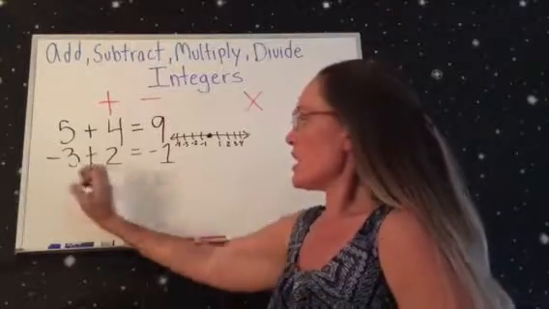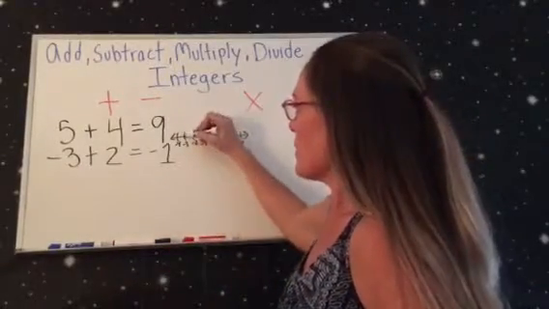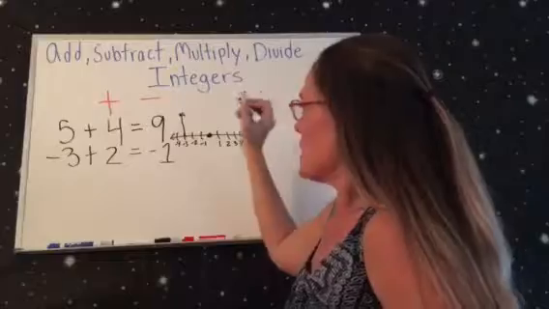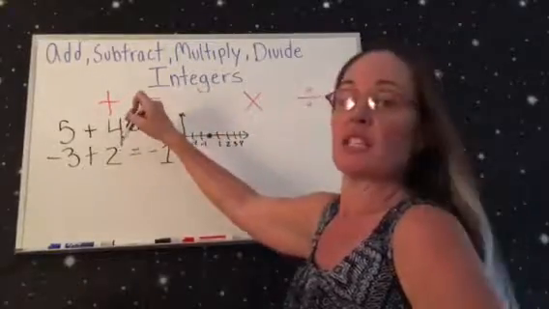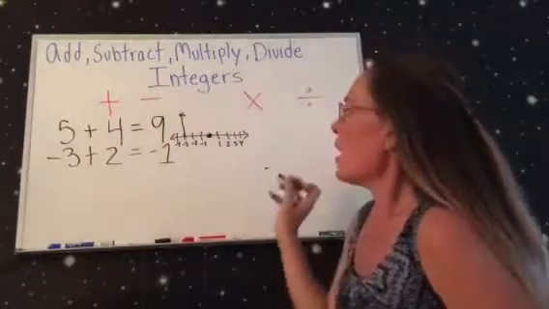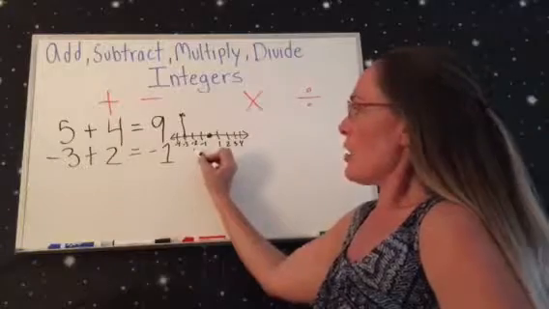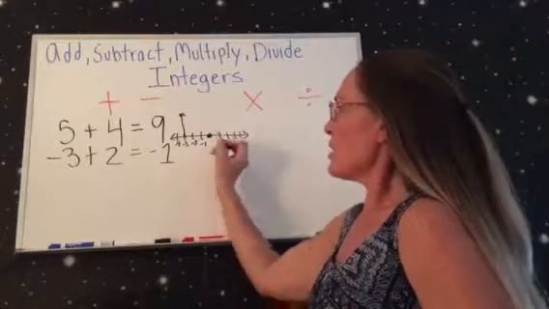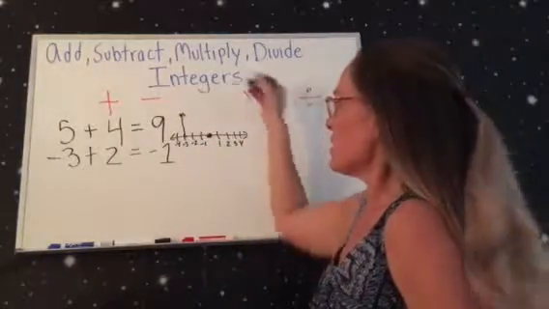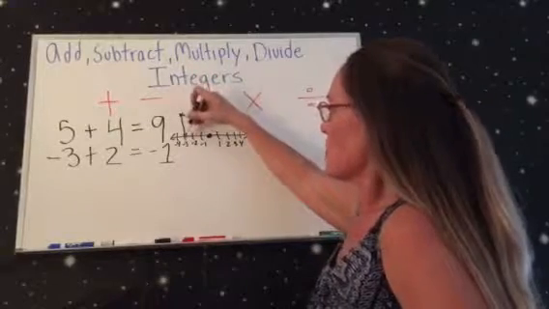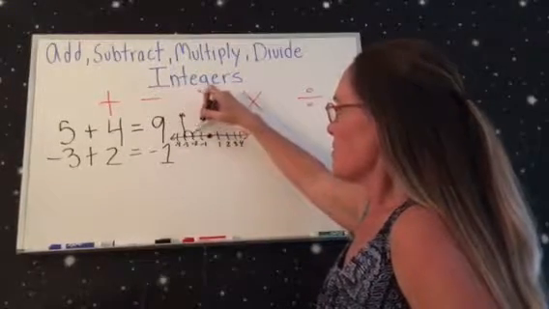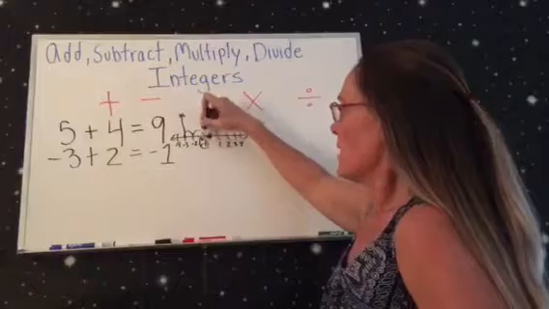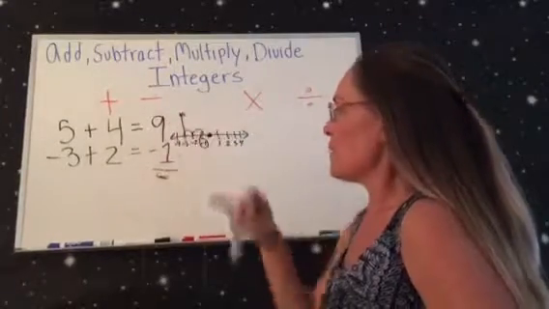So we're going to start at negative 3, which is right here. And then we have a positive 2. So if you start in the negatives and you have a positive that you have to add to it, I want you to think you're going back up to the positives. So we're just going to go over 1, 2. And that's how we end up at negative 1.